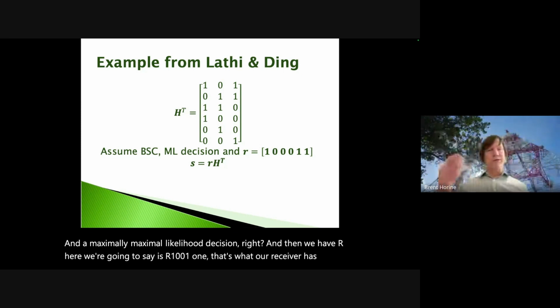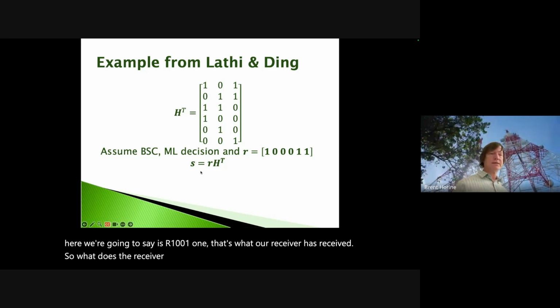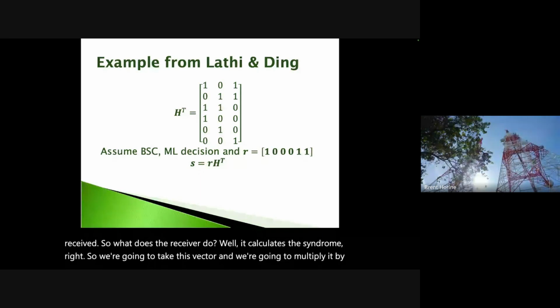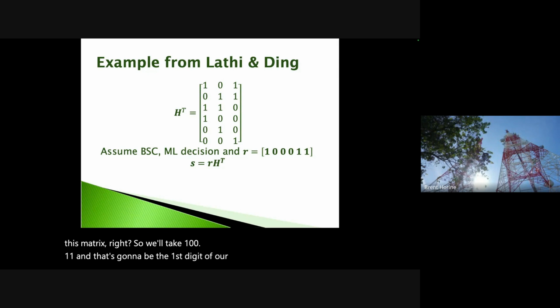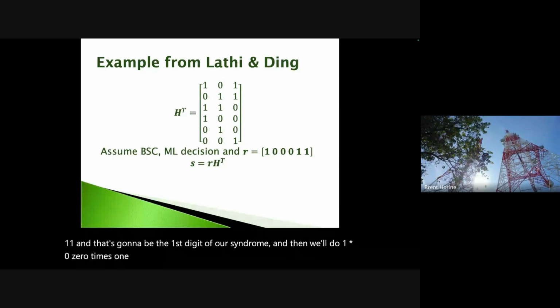So what does the receiver do? Well, it calculates the syndrome. We're going to take this vector and multiply it by this matrix. So we'll take 1, 0, 0, 1, 1, and that's going to be the first digit of our syndrome, and then we'll do 1 times 0, 0 times 1, plus on down, all in modulo 2 addition.